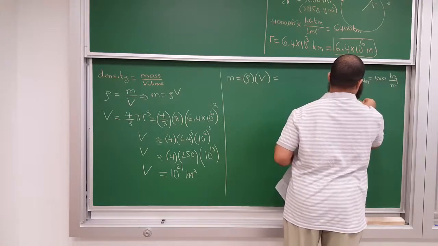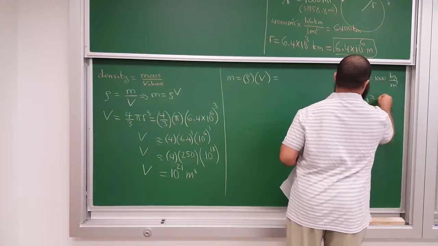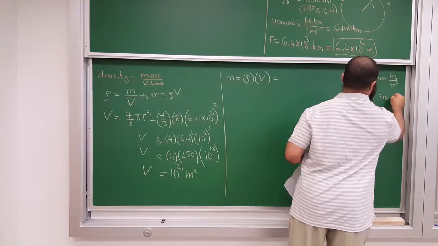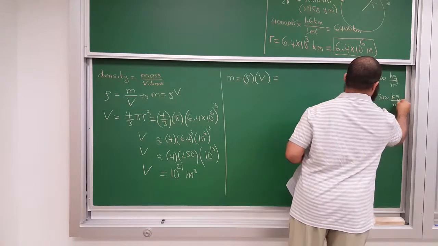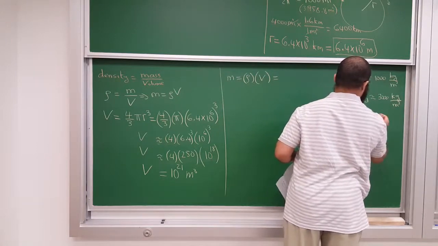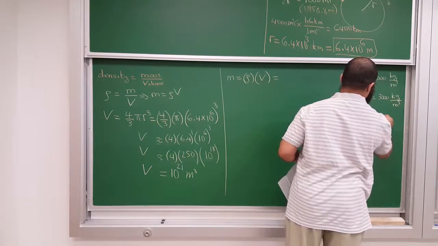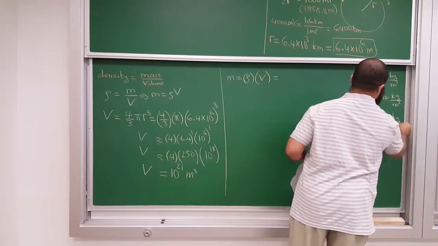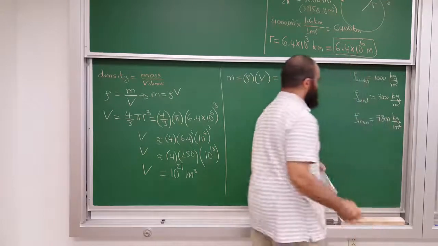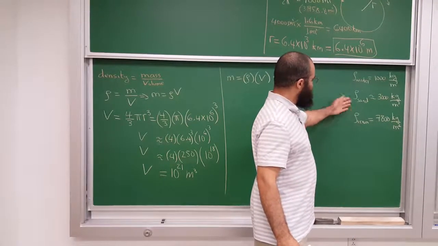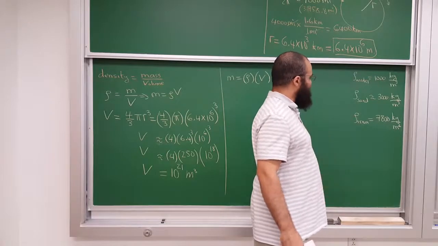Density of sand, if you may guess, is approximately 3,000 kilograms per cubic meter. Density of iron is approximately 7,800, about 8,000 kilograms per cubic meter. Earth is somewhere between iron and sand, maybe biased toward the iron.